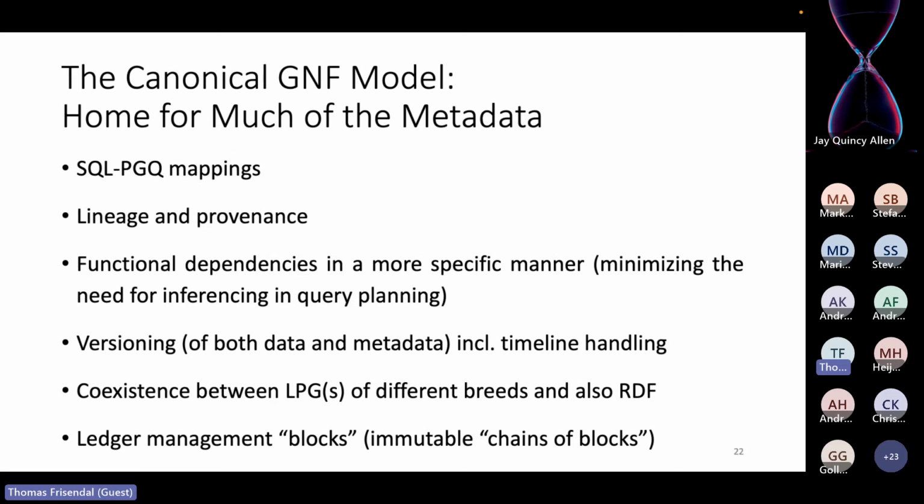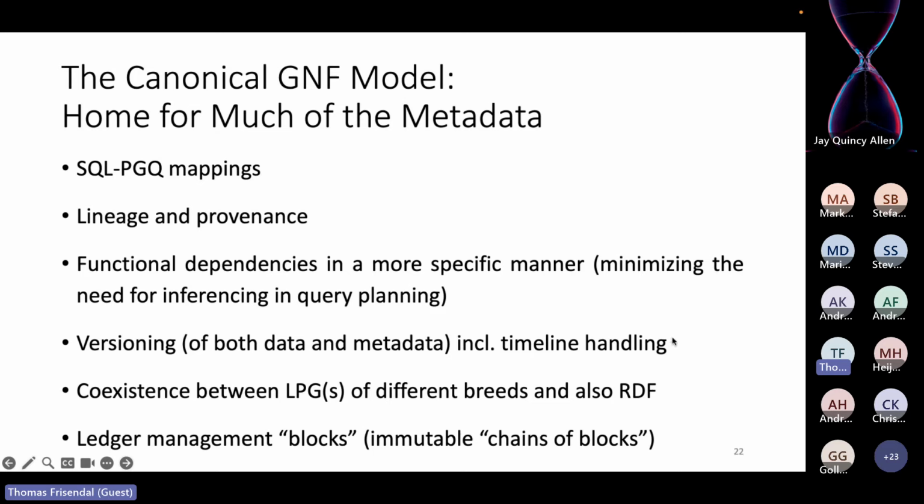So what can we do with that? Well, the canonical graph normal form model is home for much of the metadata, if we have it. For instance, mapping to SQL PGQ from GQL could be solved using the canonical model. Lineage and provenance need a canonical model because you have a really complex graph, with things being reused in different contexts. Functional dependencies can be more specific, meaning that the need for inferencing in query planning goes down.